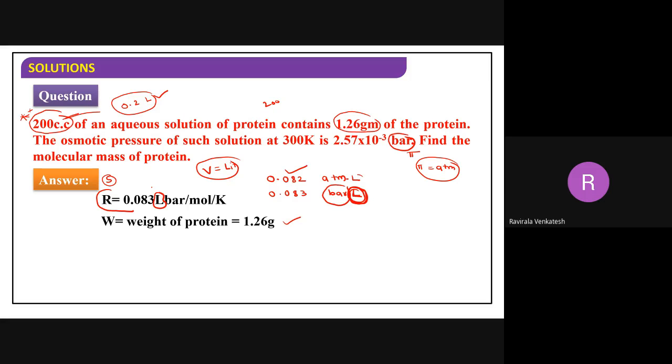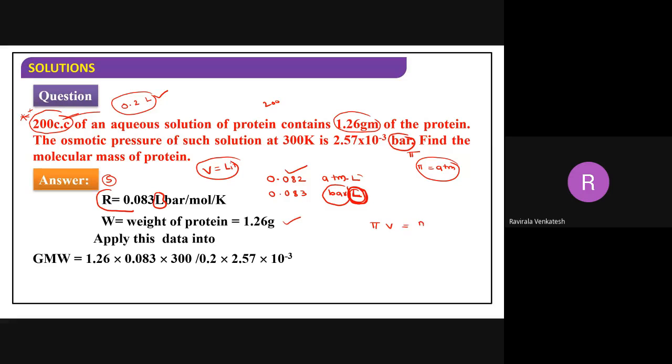Now, what is the formula, beta? The formula is pi V is equal to nRT. This is the formula. Correct or not? Now n is equal to what? Weight of the protein. I'm taking 2 for solute, and 2 is nothing but the protein. n is W2 by M2, the molar mass of the protein, into RT.